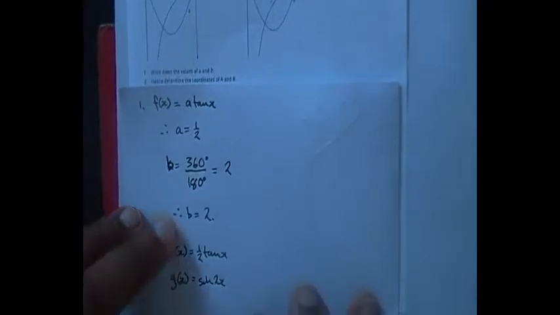Now we need to find the coordinates of A and B. Basically we need to solve these two equations simultaneously. A is where the graphs cross each other, and B is where the graphs cross each other. When do graphs cross each other? When the functions are equal, isn't it right?